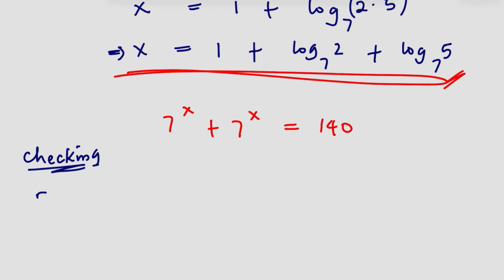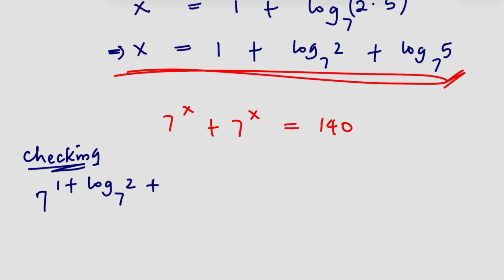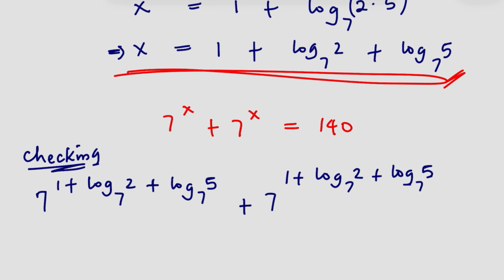So we have 7 raised to power 1 plus log 2 base 7 plus log 5 base 7, plus 7 raised to power 1 plus log 2 base 7 plus log 5 base 7. So we are checking if all of that will give us 140.